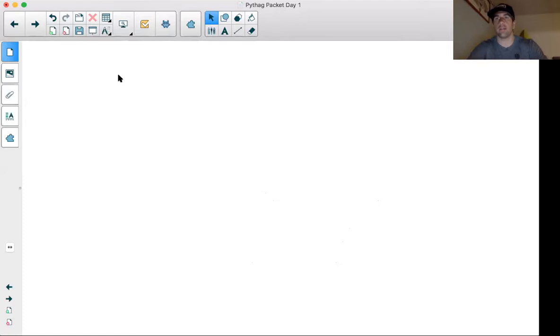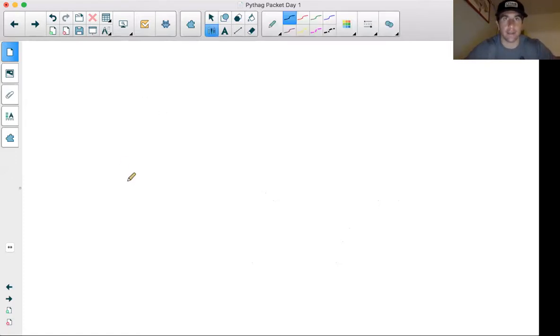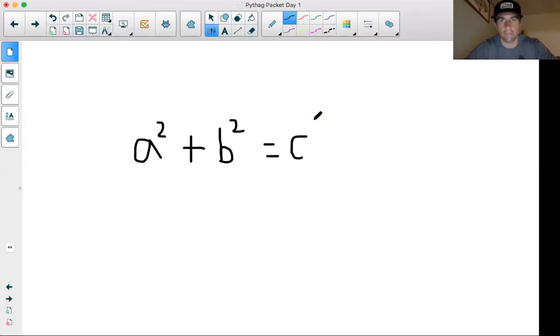The formula for the Pythagorean theorem is, here we go, a squared plus b squared equals c squared. Pythagorean theorem. And what is c squared?